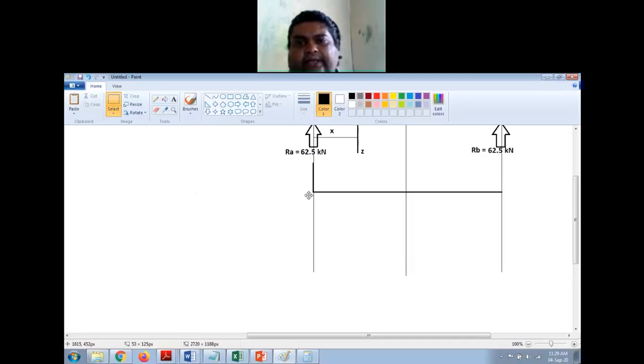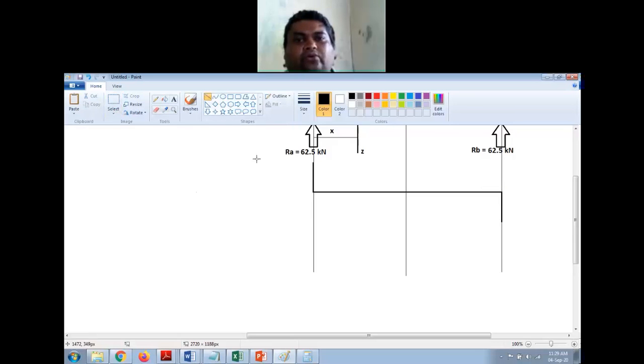So at A it is positive side, shear force is taken in upward direction. So this is 62.5, and at B it is minus 62.5. So I am putting it in the downward direction. This will be minus 62.5 kilonewton.